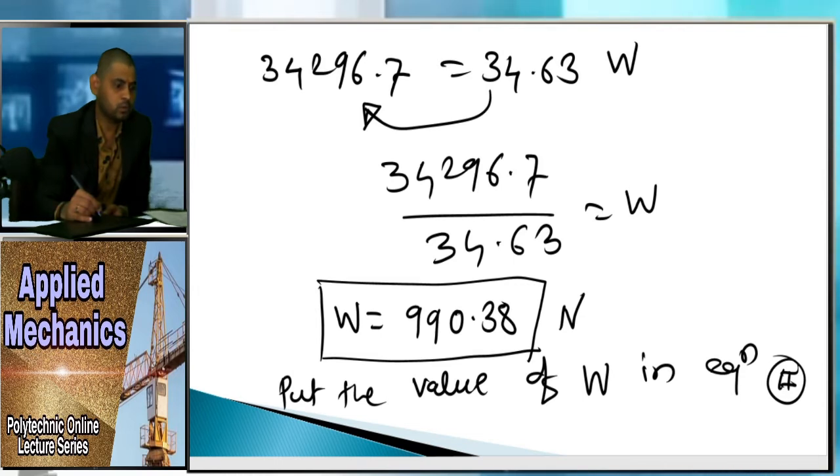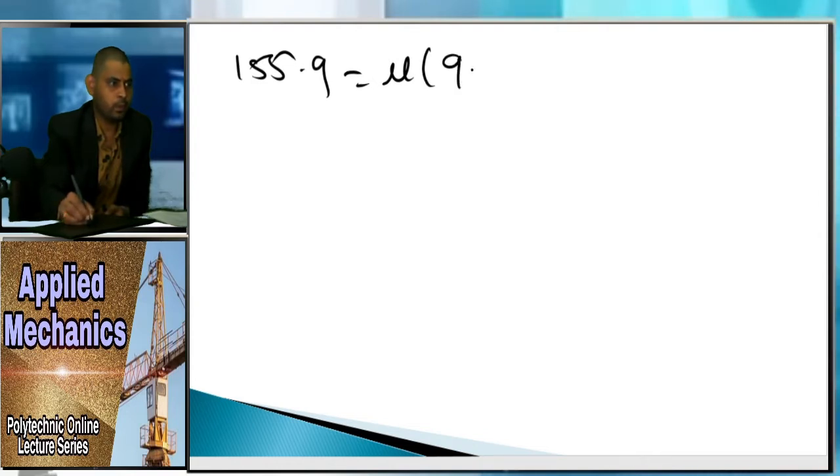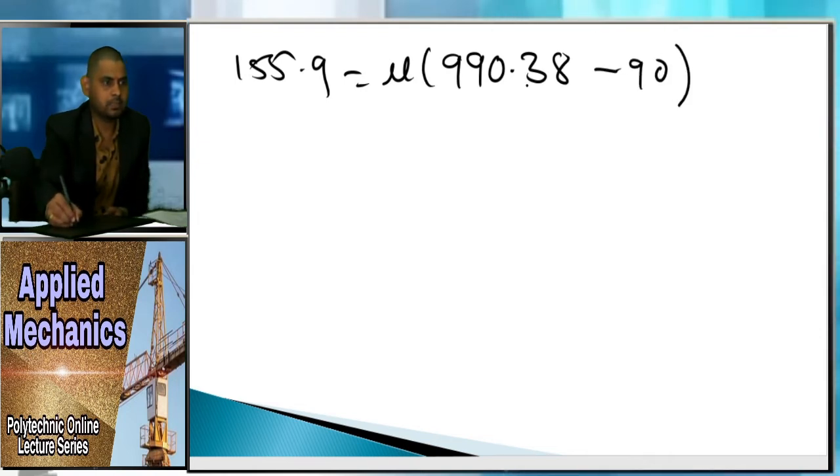So here equation 1 is 155.9 is equal to mu times (990.38, that is the value of W, minus 90).